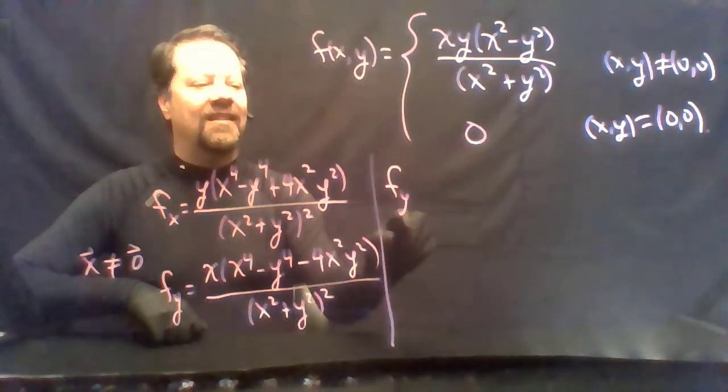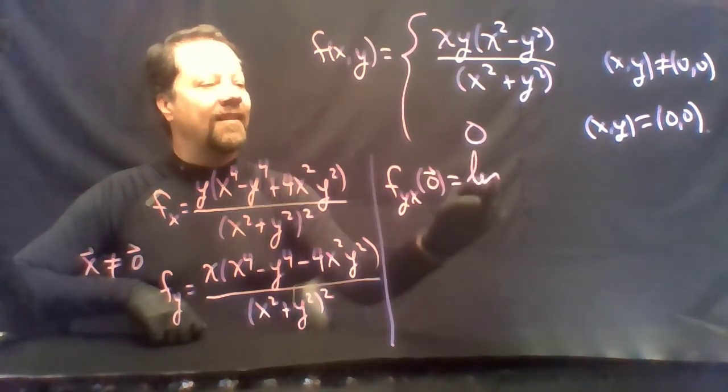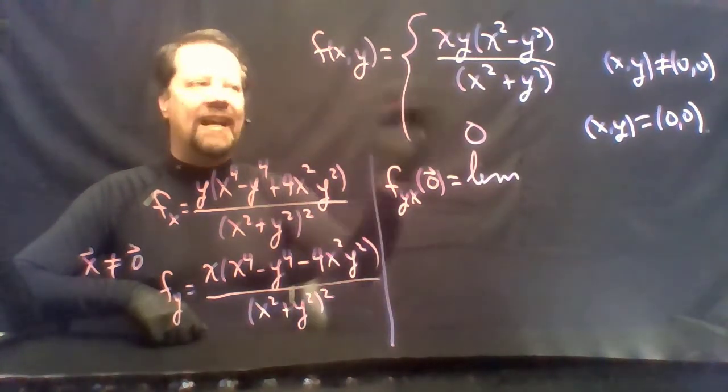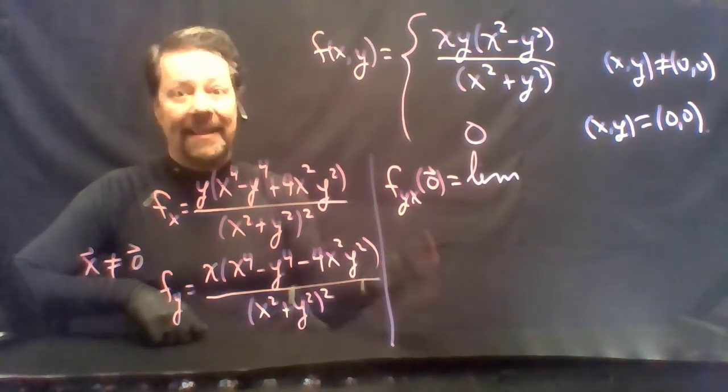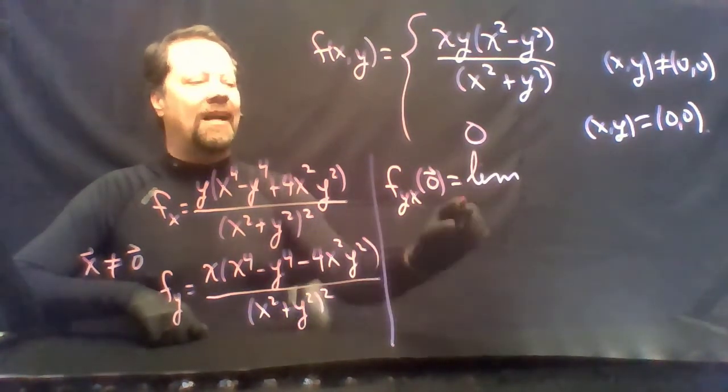Next, let's calculate fyx at the origin. If Clairaut's theorem applies in this case, we should get minus 1, just like before. Does Clairaut's theorem really apply? Let's find out.